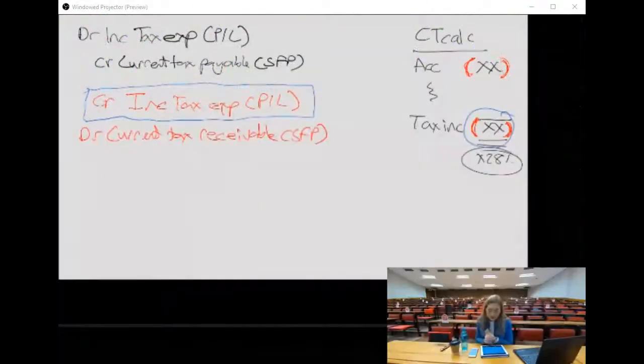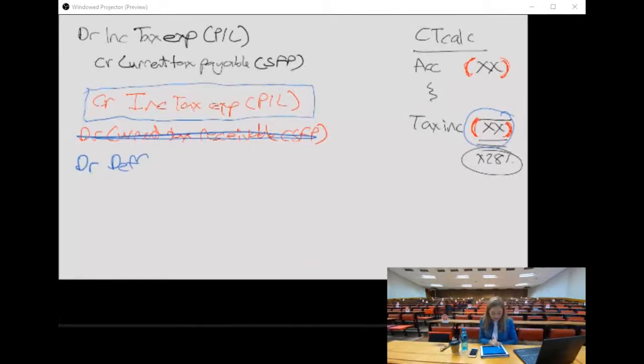But we're not allowed to put it to current tax receivable. We can't phone up SARS and say, hey, you owe me money, I made a loss, pay me the money. We can't do that. So effectively what we do is we create a deferred tax asset for this tax loss.